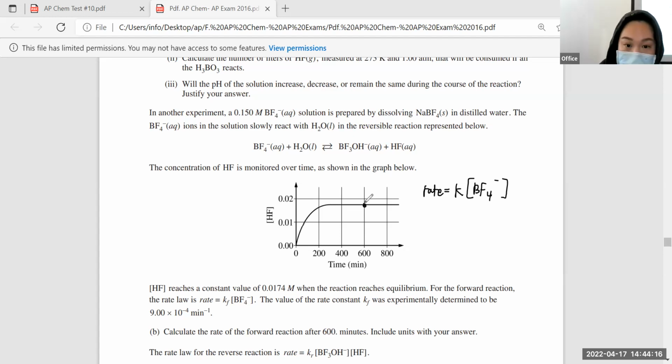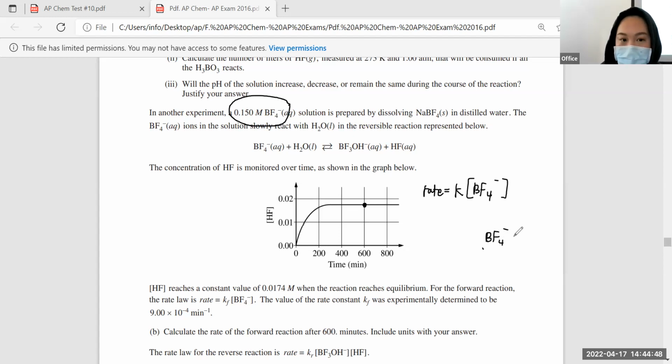They tell us that it plateaus at that value. So my initial concentration was 0.15 molar of my BF4 minus.